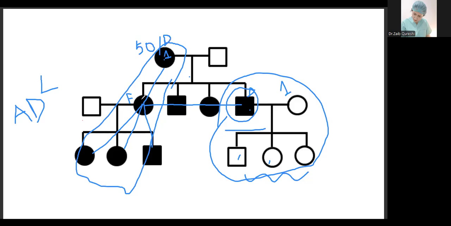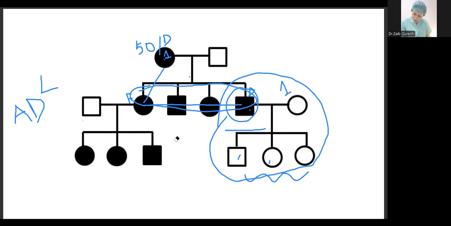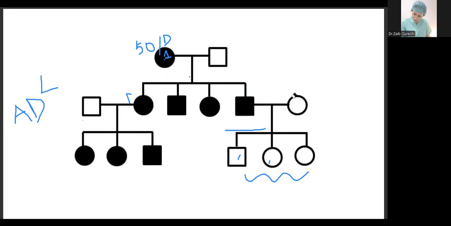But in this chart, guys, you can see all of the babies are affected. All of them. That means it's not a dominant disorder only. That means it's mitochondrial. So these two differences make this chart different from the dominant one. Okay? If you mark it dominant, I will kill you because I made you learn this very well.